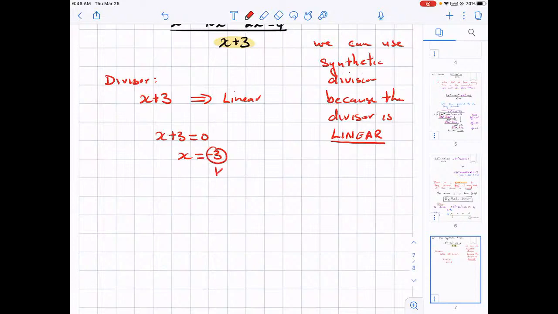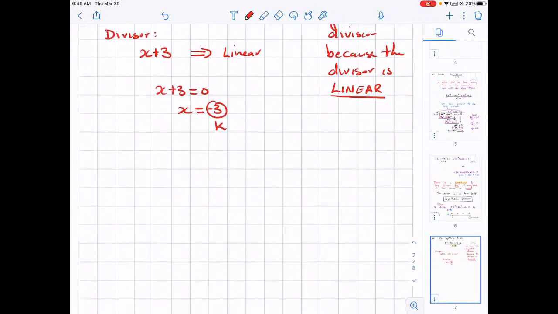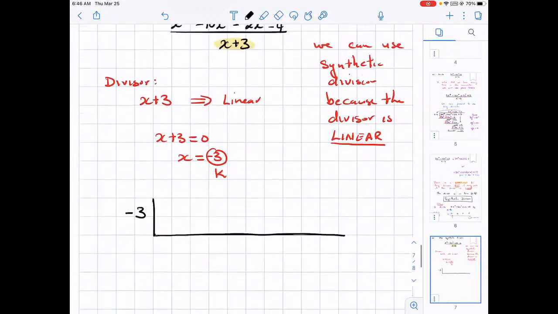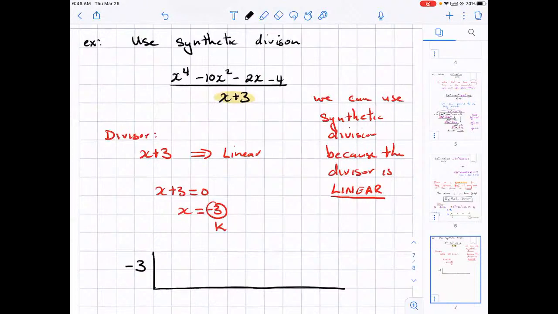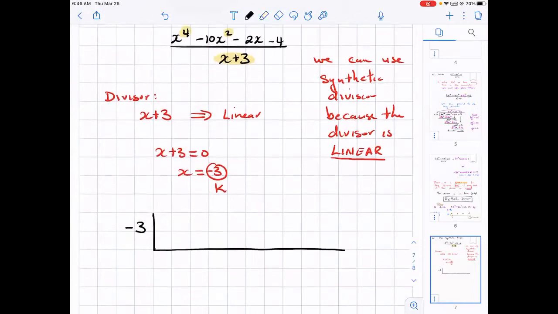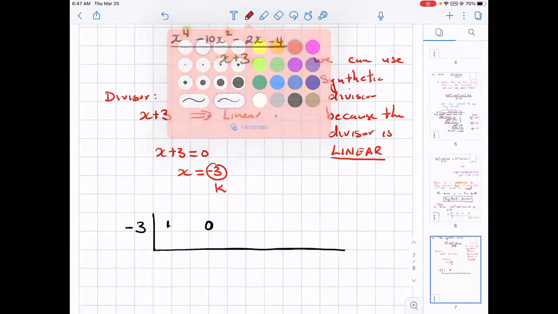This is the k that we're referring to. So if we set it up, here we'll put minus 3. Likewise, notice that there is a missing term, the x cubed term. You head straight to x squared. So we're going to have here the coefficient 1, then the coefficient 0. This is our placeholder.